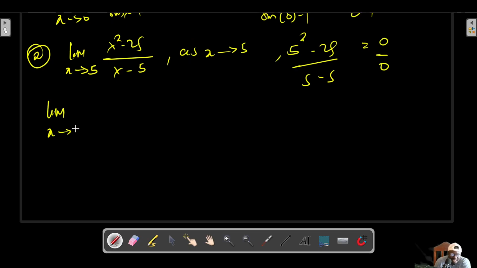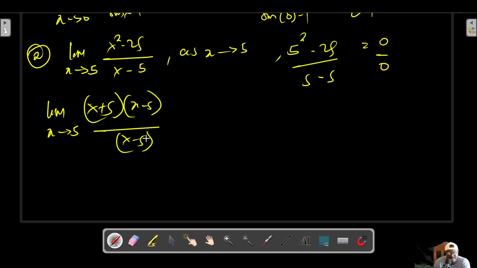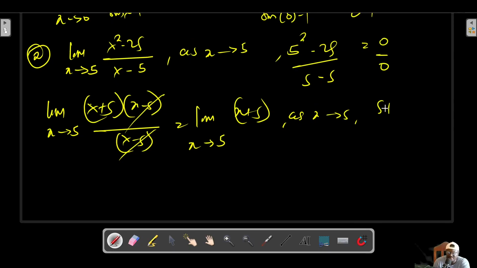So the limit as x is approaching 5 of, factorizing this as a difference of 2 squares, we end up having x plus 5 times x minus 5. Then we can cancel out some of the factors. So our final limit expression becomes x plus 5 as x is approaching 5, and as x approaches 5, our expression becomes 5 plus 5, which is equal to 10. This is so simple.